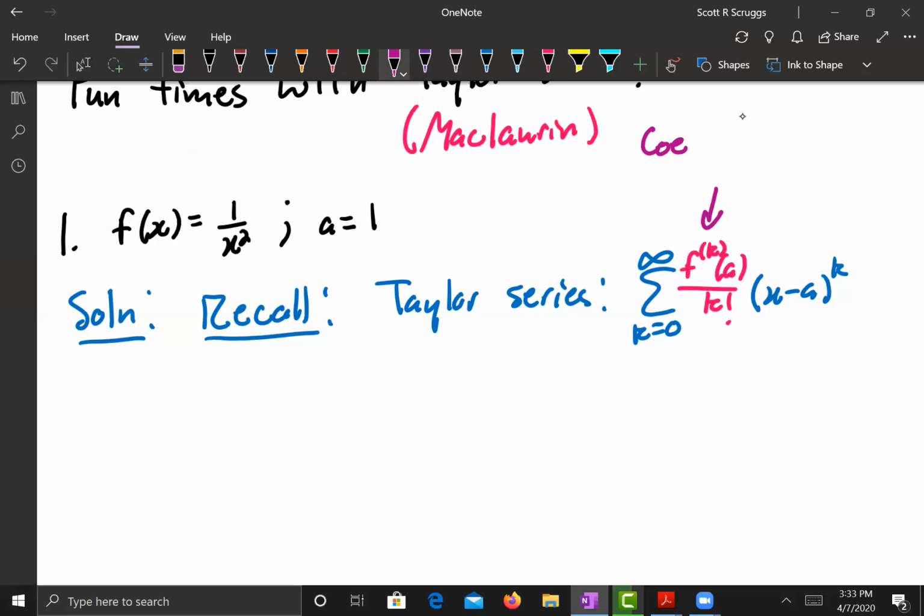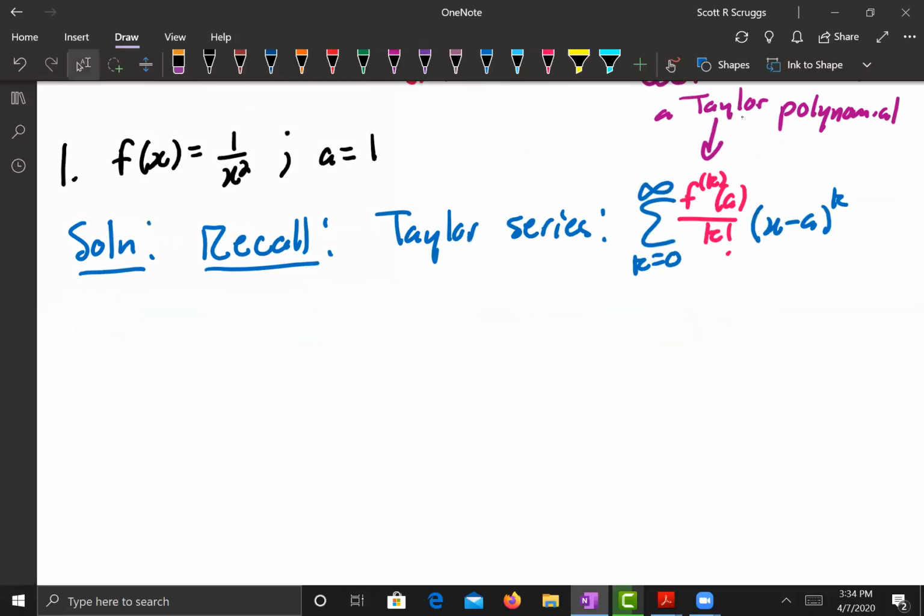These are the coefficients from a Taylor polynomial. And so our old faithful strategy to form a power series is going to be similar to how we form a Taylor polynomial. We're going to take a lot of derivatives, and let's see what happens.